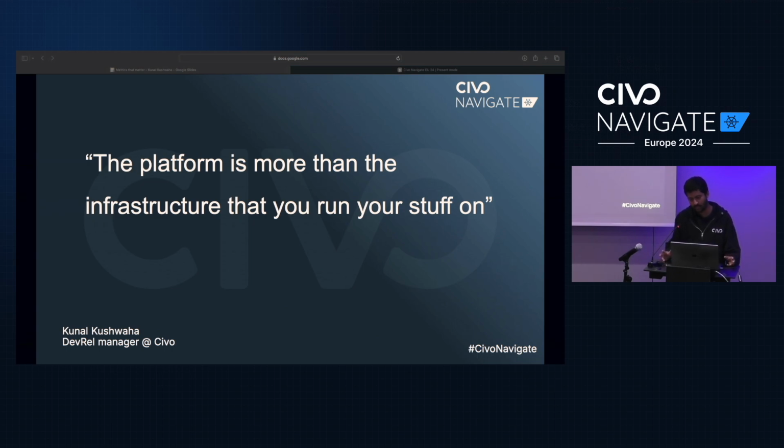Crucially, it also involves the domain model, how your code is structured, how your business logic is represented. So these foundational choices can greatly influence the long-term productivity for your team, affecting both the scalability and efficiency of your platform. So it's not just about the infrastructure, it's much more than that.